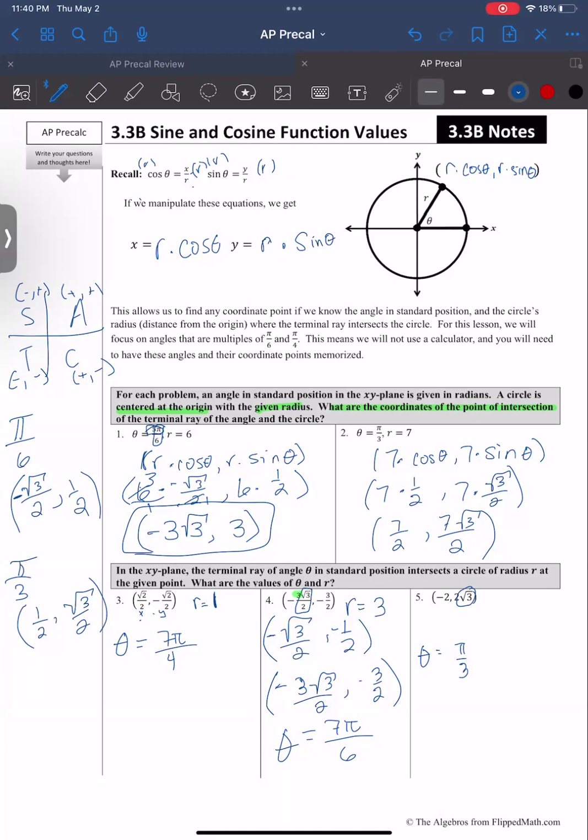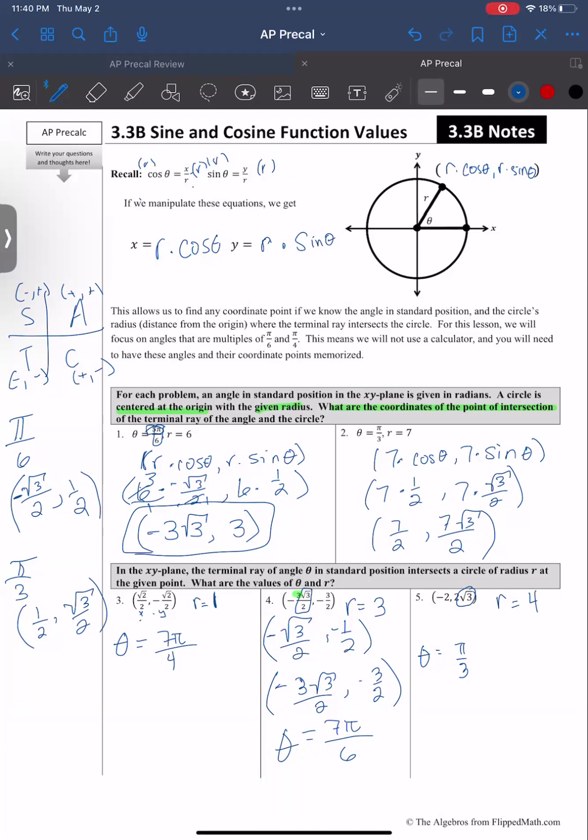So now the real question is, how did I go from negative 1/2 to negative 2? And how did I go from square root of 3 over 2 to just 2 square root of 3? So the only way that happens is if my radius is able to cancel out the denominator, meaning the radius has to be 4. Why?